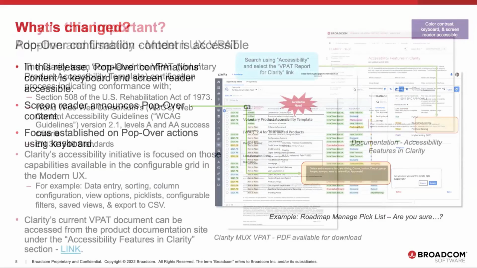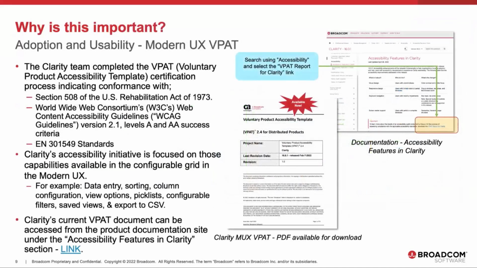All right. So another bit of interesting news, hot off the press, is the Clarity Modern UX VPAT documentation is now available. It is available for download today from our documentation site. If you go into the accessibility features in Clarity, you will be able to get to that link.